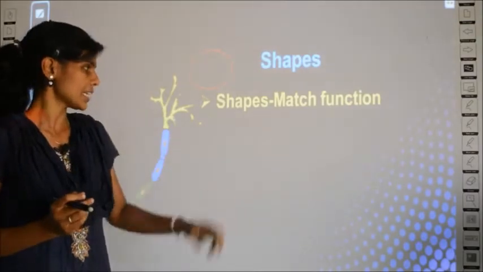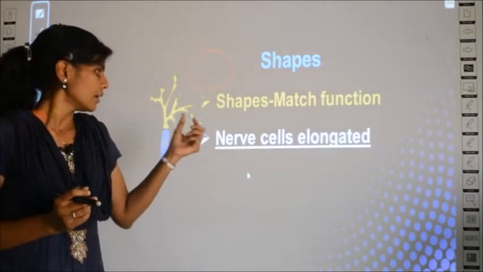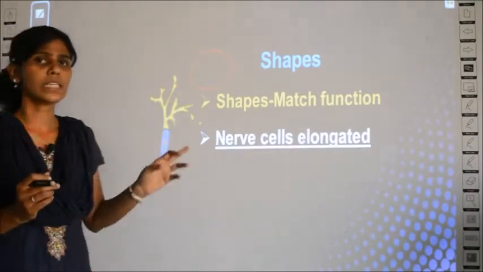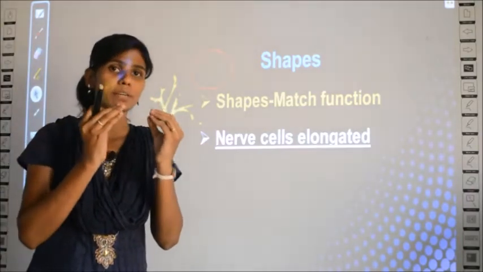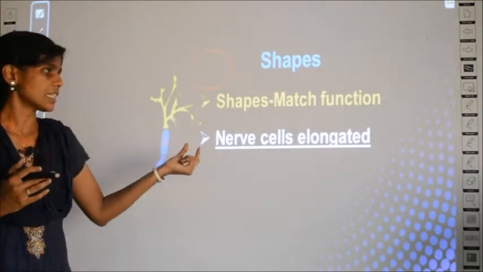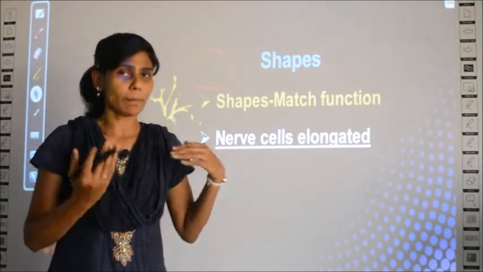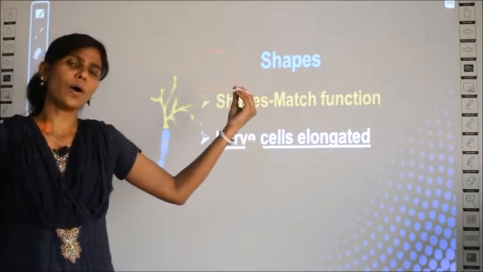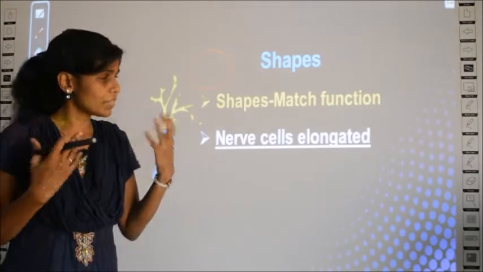There are some examples given in your text. The nerve cells, this is the nerve cell I told you about, no? What are nerve cells? The cells in your nervous system are called nerve cells or neurons. These nerve cells are elongated. When compared to other cells, the shape is elongated, which means it is very long. And what is the advantage of this shape?